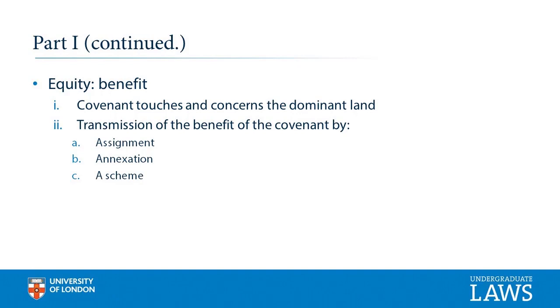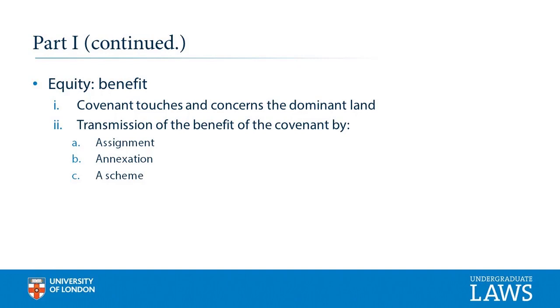The first way is by express annexation. The covenanting parties can expressly annex the benefit of a covenant to the dominant land by manifesting an intention to do so in the instrument that contains the covenant.